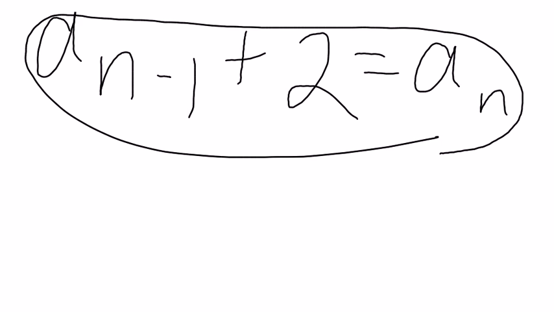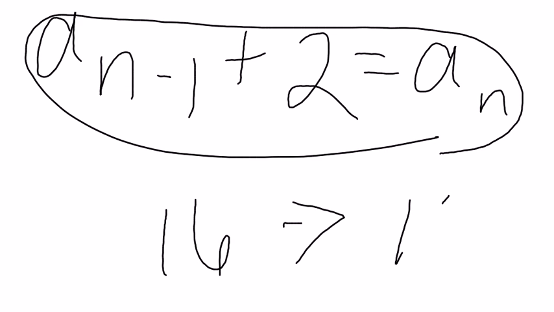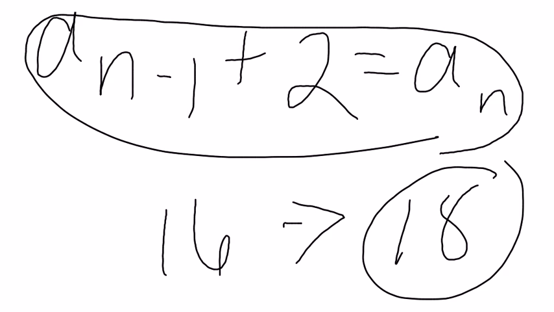Okay, so then find the next term. Well, a n minus 1 was 16, so the next one you would just add 2 and you get 18. So our next term is 18. Oh, we also have part of the recursive formula is that we'll need the first item in there.